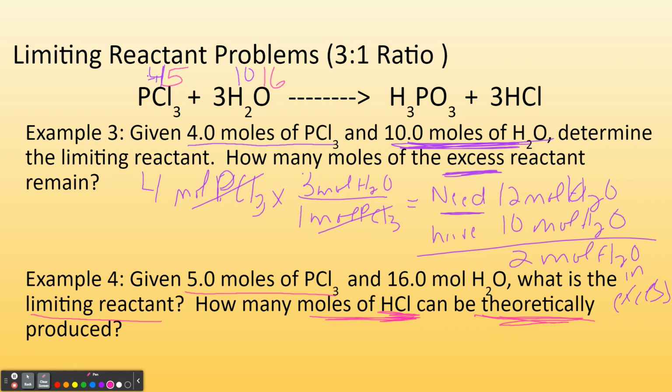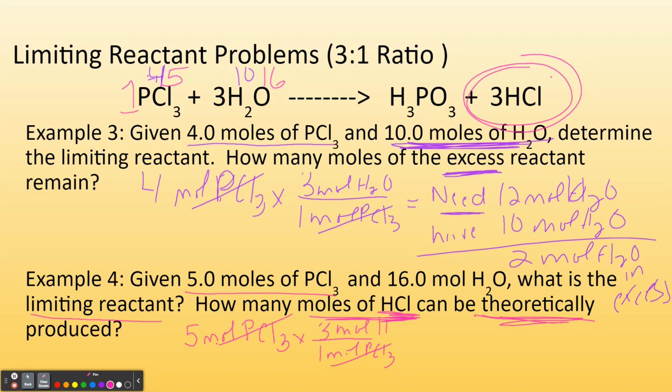So for this one, we're going to do 2 equations. Our 5 moles of phosphorus trichloride, we're going to compare to hydrochloric acid, rather. So we've got nothing in front of our phosphorus trichloride. That means 1 mole of phosphorus trichloride to 3 moles of hydrochloric acid.